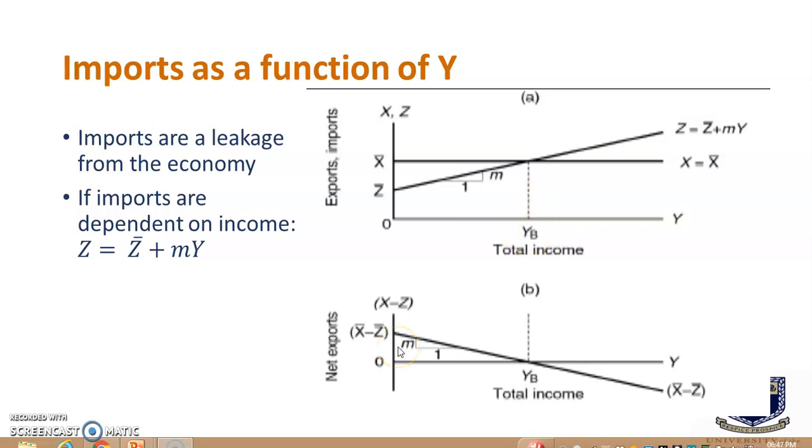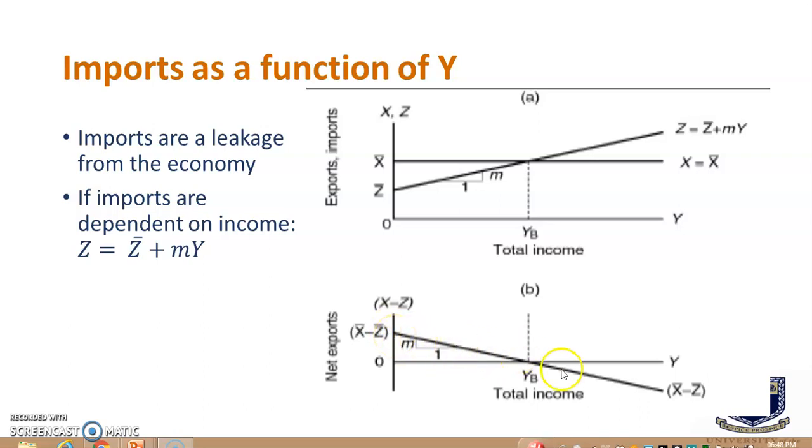Note that in figure B, we have net exports on the vertical axis. So net exports is shown in this figure, in figure B. At YB, we can see that net exports is in fact equal to zero. And at income levels lower than YB, we find that net exports, which is X minus Z, which is drawn by this figure, is in fact positive.